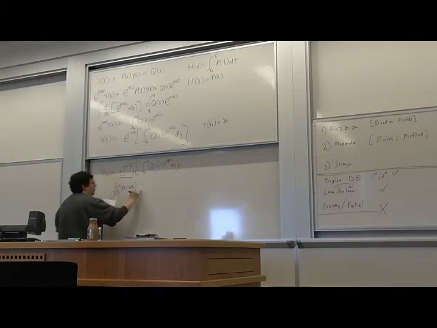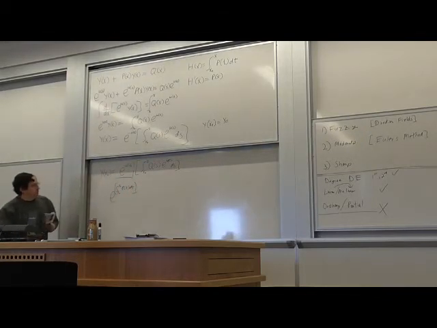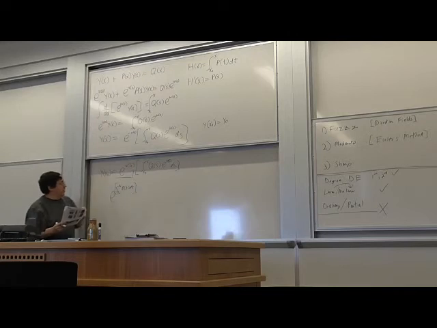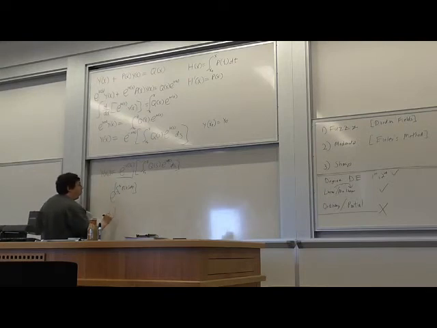So what does this integral compute to? It is 0, right? We're going from x naught to x naught. So this is 0, and so this is 1. Well, that was a nice simplification.